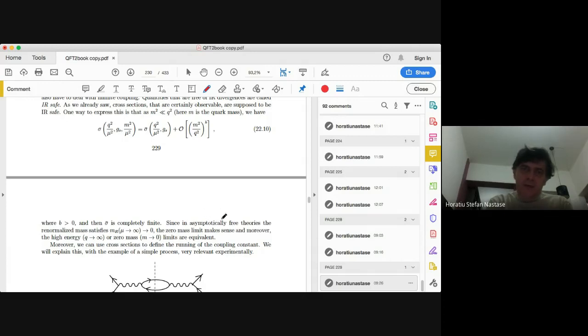Moreover, this is an asymptotically free theory, so we know that the renormalized mass, in the case that we take this arbitrary mass scale mu to infinity, should go to 0. Then that means this expansion makes sense.